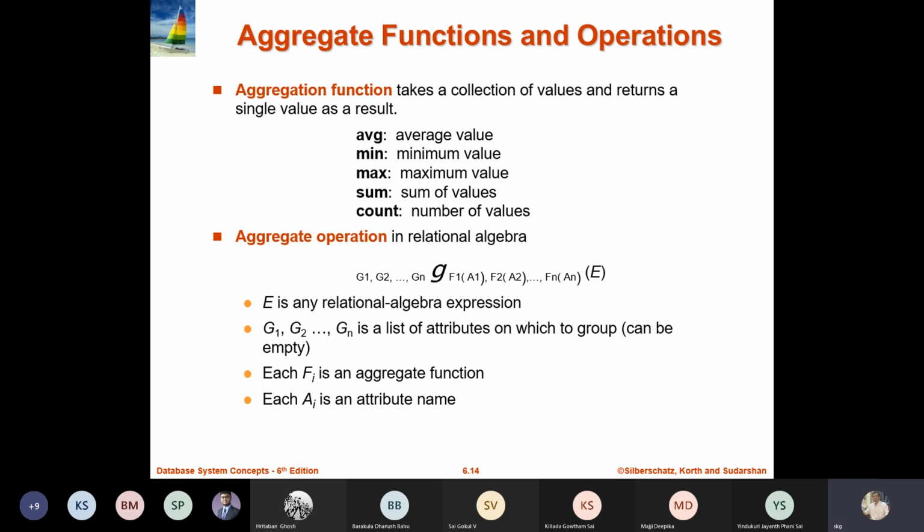There are also some aggregate functions we have seen earlier, and you may be using them while working with SQL. One is average, which calculates the average value, then minimum, maximum, sum, and count, right? These are the five standard aggregate functions.